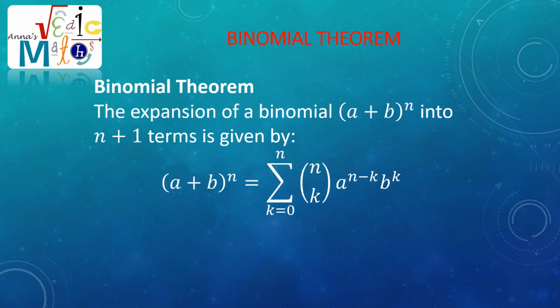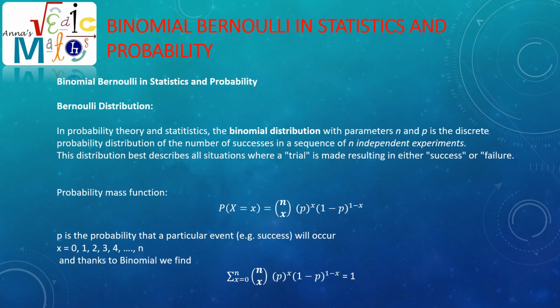We know that combinations and permutations are used in the binomial theorem. Here is the nice formula. In statistics and probability, another interesting application is the binomial distribution. In probability theory and statistics, the binomial distribution with parameters n and p is the discrete probability distribution of the number of successes in a sequence of n independent experiments.